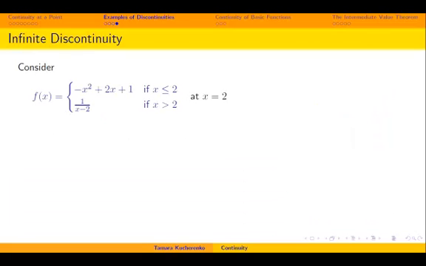The last is an example of infinite discontinuity. Consider the function f of x equals -x squared plus 2x plus 1 if x is less than or equal to 2, and 1 over x minus 2 if x is greater than 2, at the point x equals 2.